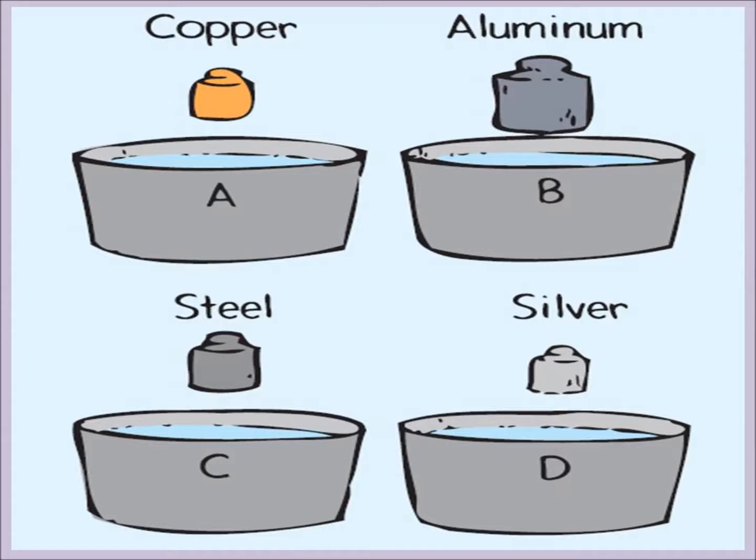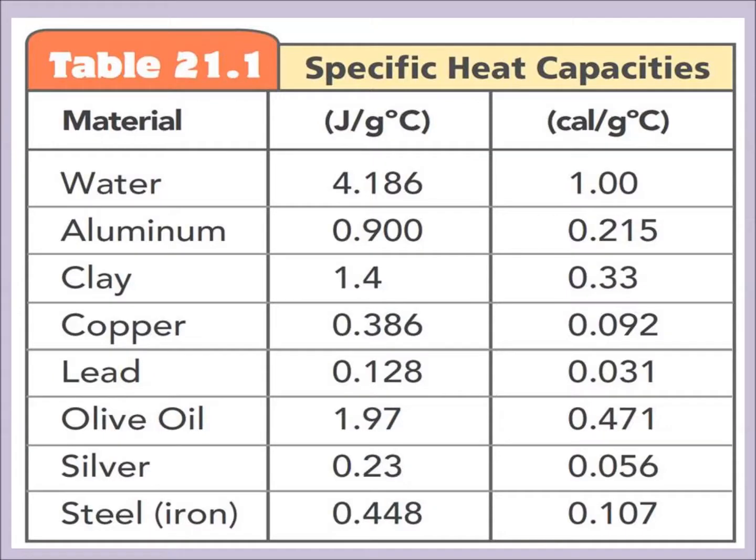Okay, so we find that in the table, aluminum is 0.215. I suppose they're using calories. And then what else? Copper is 0.092. That's considerably lower. Steel is 0.107. So it would probably be aluminum, steel. Copper is 0.092.